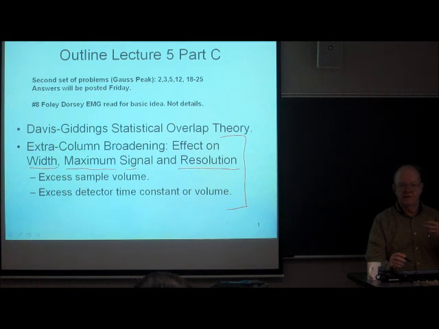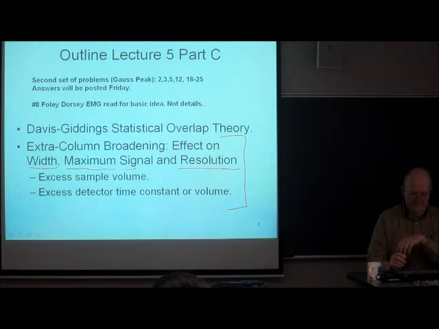If you don't set your equipment up the right way so that you minimize the effect of extra column broadening, your resolution can be very seriously degraded. It's going to be much worse than what it ought to be.